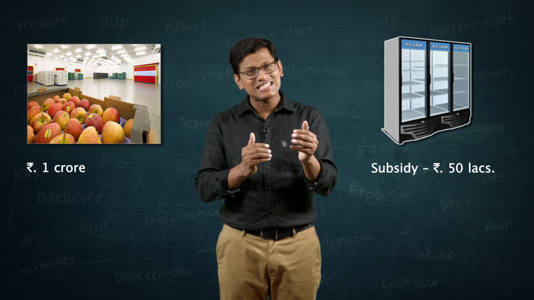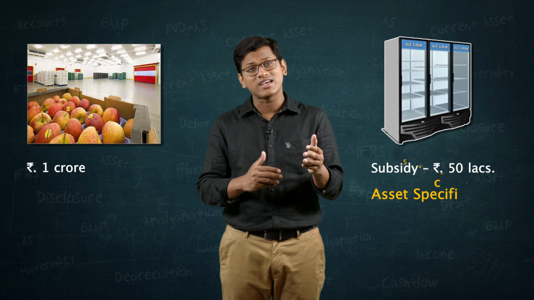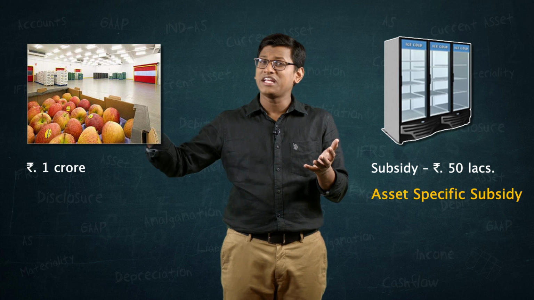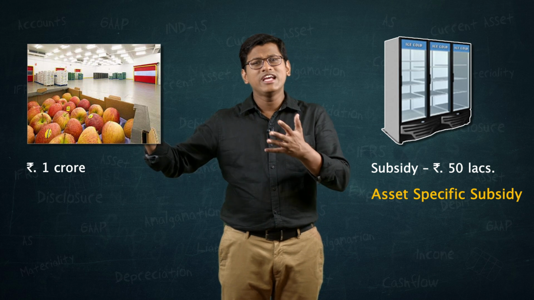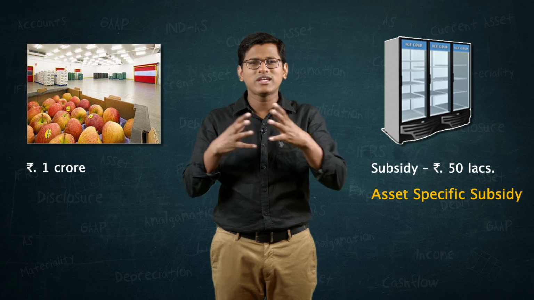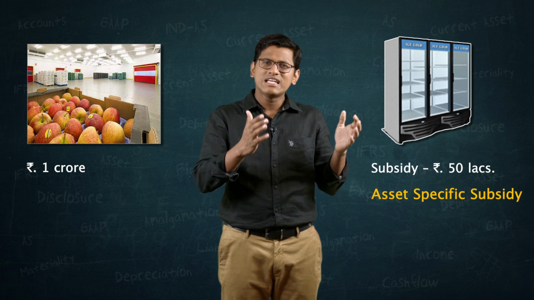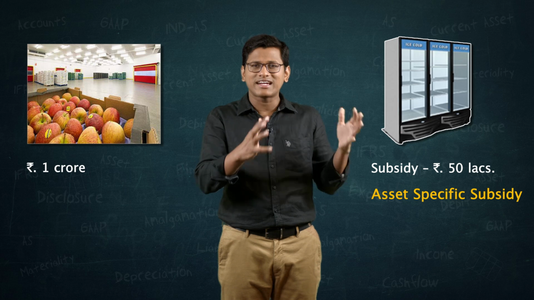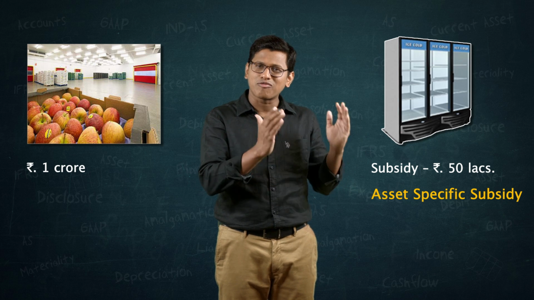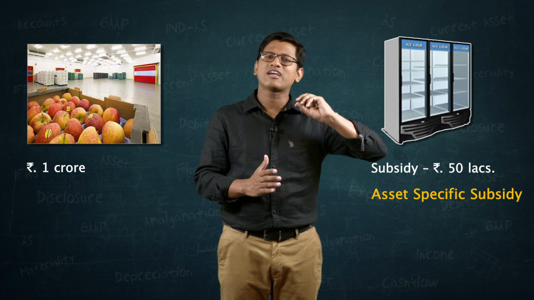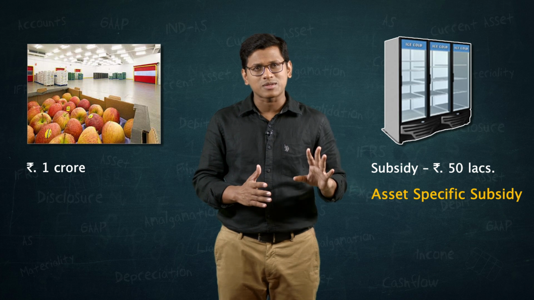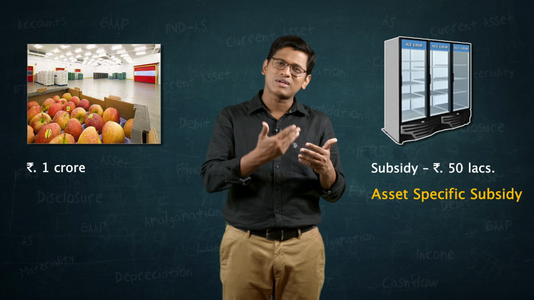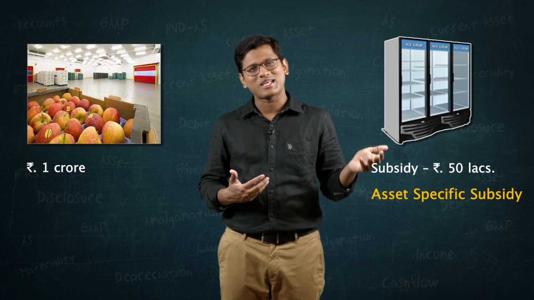So it's an asset specific subsidy that government is giving, unlike the subsidy in case of that factory in Arunachal Pradesh, where it was on the entire project cost. Here it's not on the entire project cost, it's more specific to, say, one machine which is used for air conditioning. On that machine government says, okay, we will give like 50% subsidy or 75% subsidy. So in such cases also there can be a case of government grant, and we will learn how accounting has to be done.